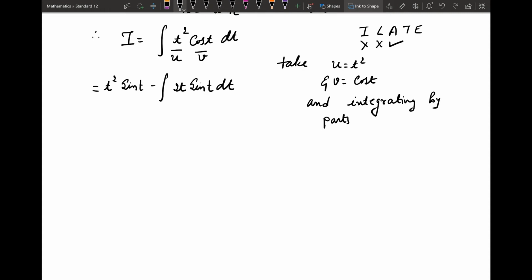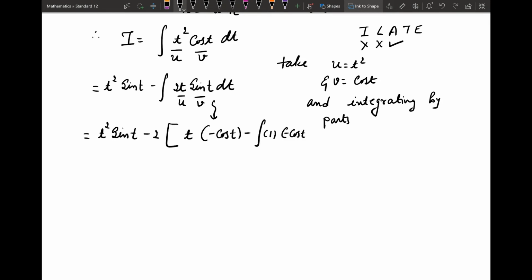So naturally again we have to use by parts. So consider this one as u, this one as v. So this is t square sin t, take minus 2, the constant which is outside the integral. Now u integration of v, t, integration of sin t is minus cos t, minus u dash, derivative of t is 1, integration of sin t is minus cos t.